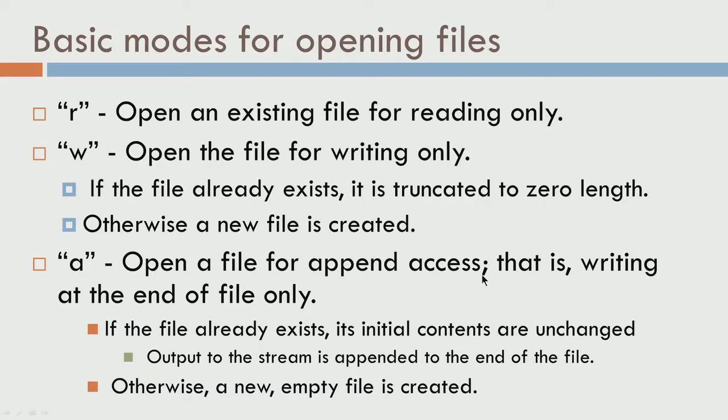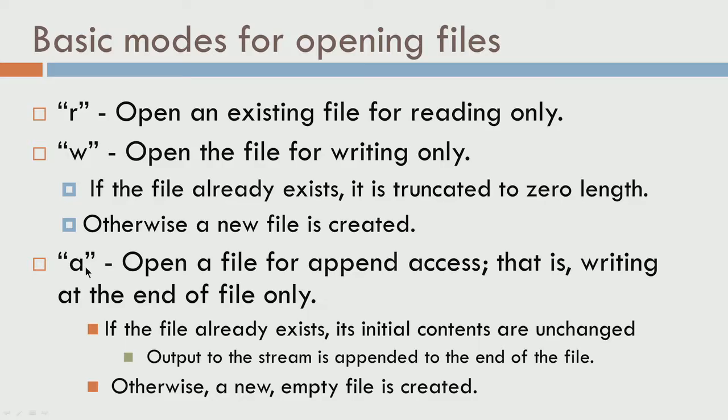So, let us look at the other modes of opening a file. r I already mentioned in the previous slide. w is the other mode in which you open the file, but only for writing, which means from your program you can only write to it, you cannot go and read what is in the file. That is called write mode, and a is called the append mode.